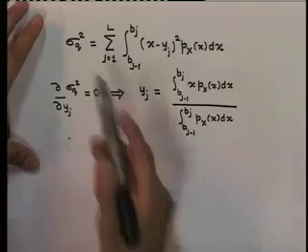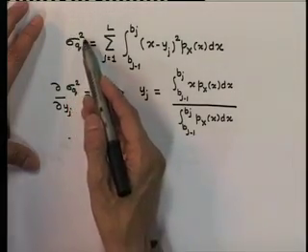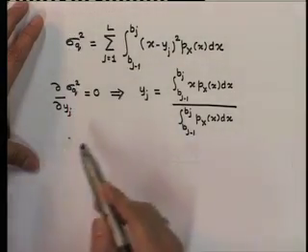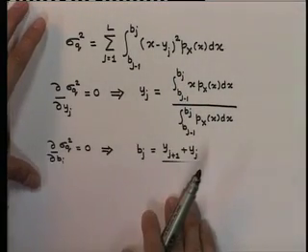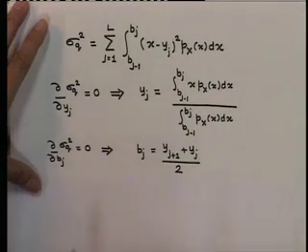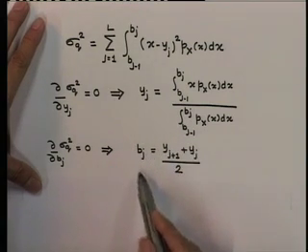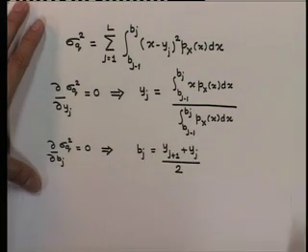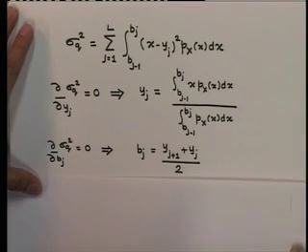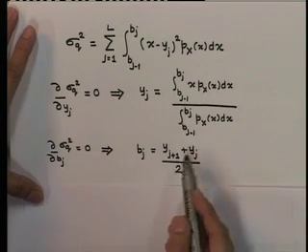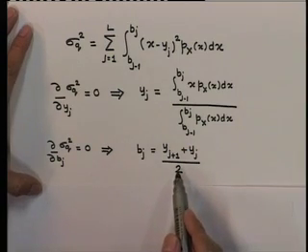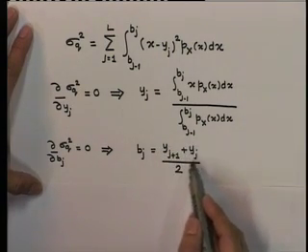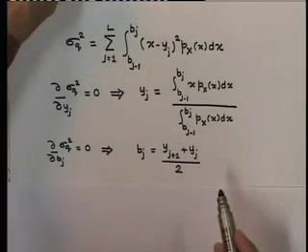Similarly, taking the derivative of the mean square quantization error with respect to bj and setting it equal to 0, we get an expression for bj as follows. And this expression suggests that the decision boundary is simply the midpoint of the two neighboring reconstruction levels.